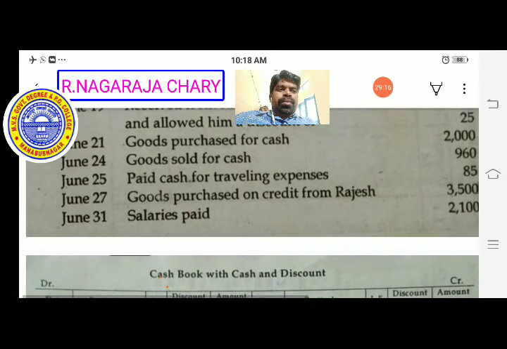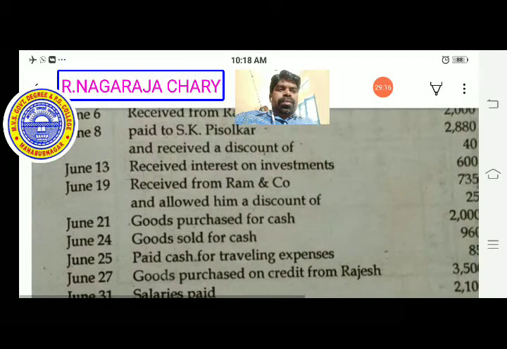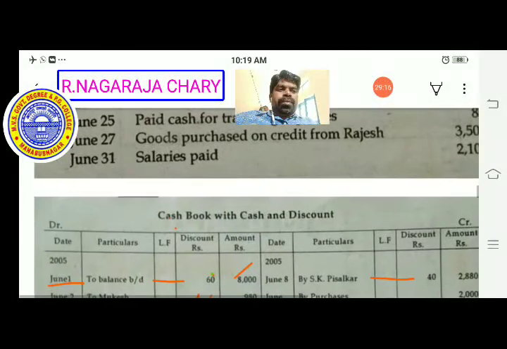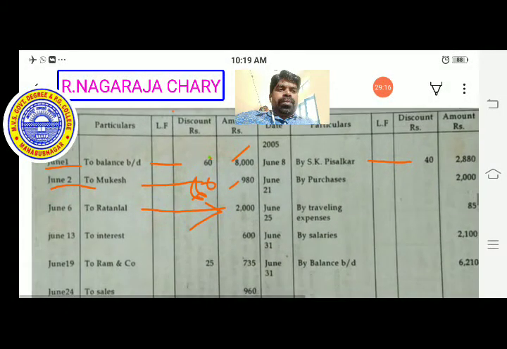Next, received interest on investments, that is 600 rupees. Yes, received is nothing but a receipt.